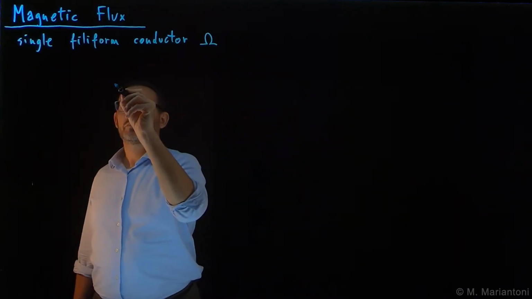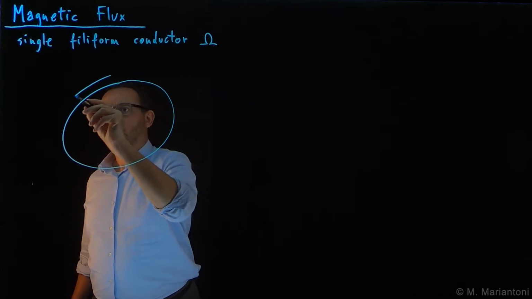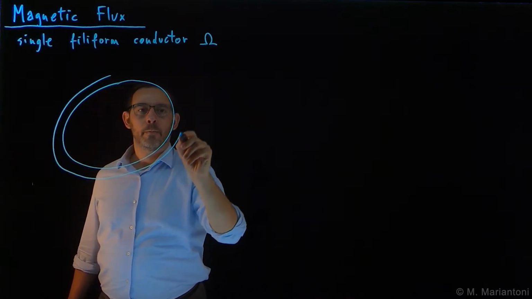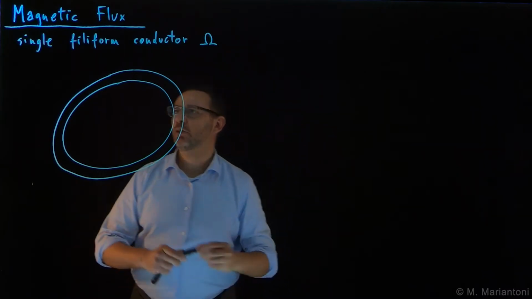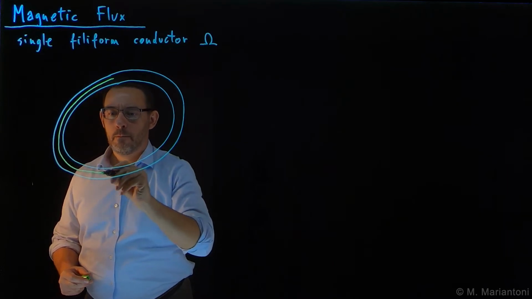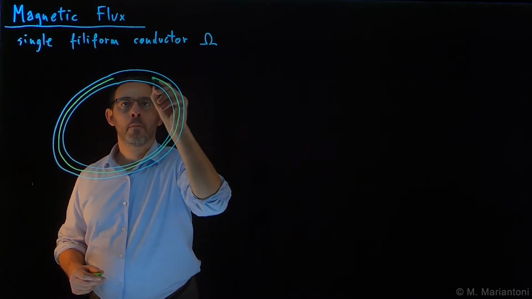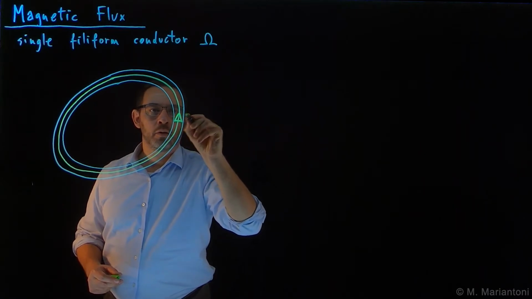Let's sketch it here. And as always, we want to sketch the longitudinal axis of this conductor, which is right here. This longitudinal axis, we call it gamma.